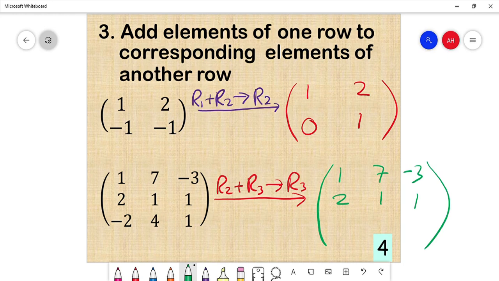So 2 plus negative 2 is 0, 1 plus 4 is equal to 5, and 1 plus 1 is equal to 2. That will be the result of the new matrix after we add row number 2 and row number 3, and we write down the answer in row number 3. This is the new matrix.